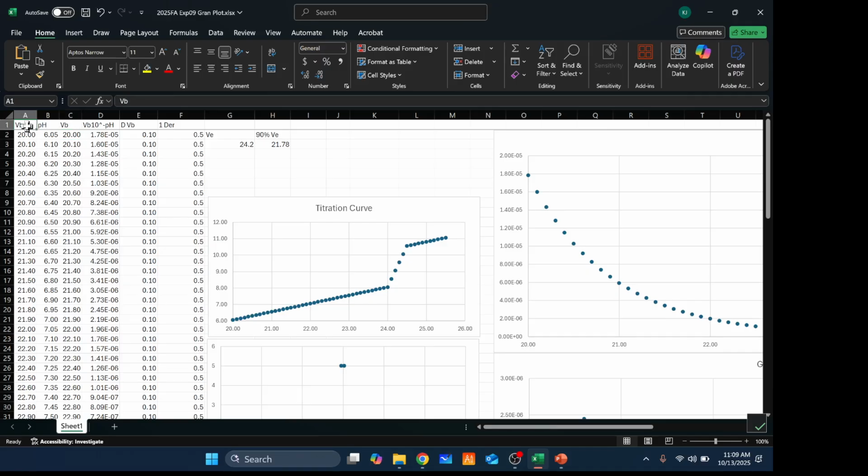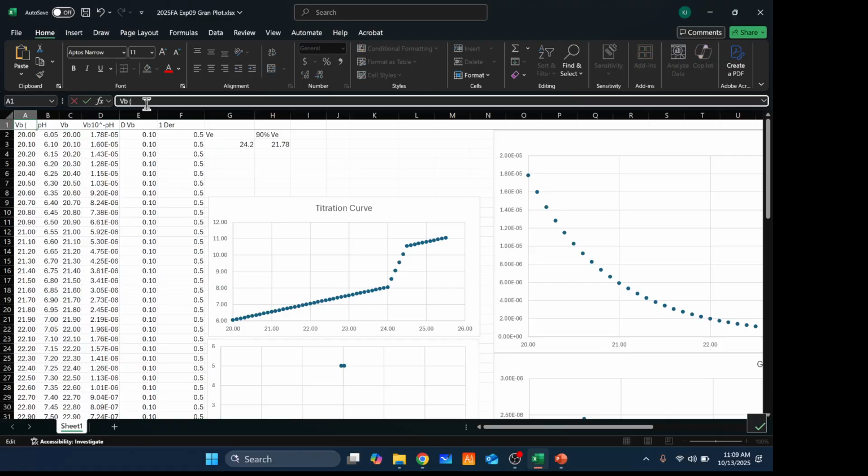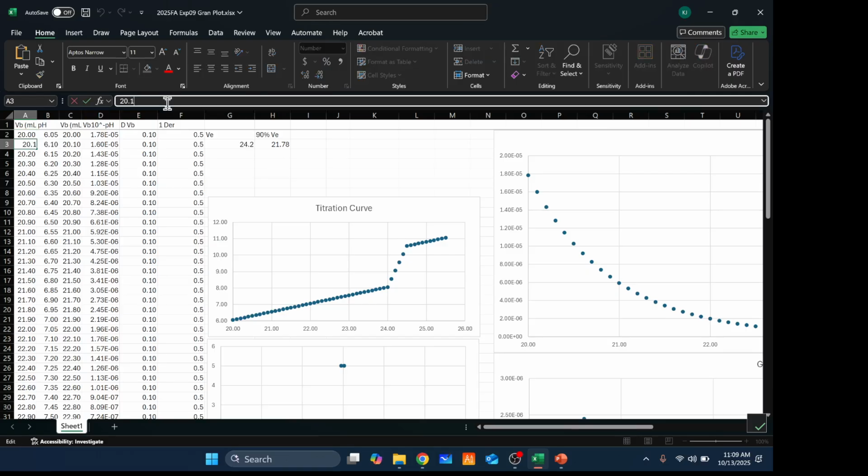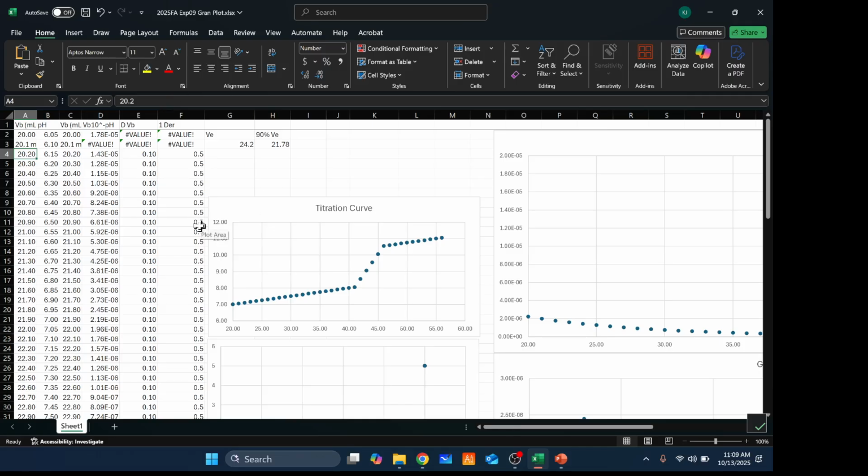For this, that's not a bad idea because you would want to put ML here, right? So you'd have the units. Okay. Now, never ever put units in the box. Did you see what happened? I broke everything, didn't I?